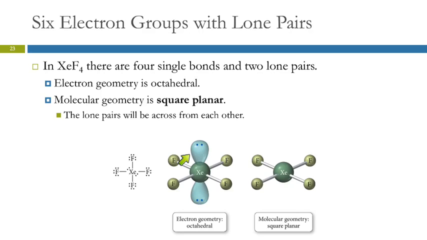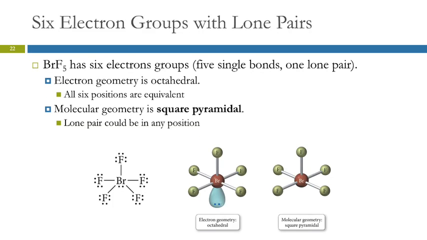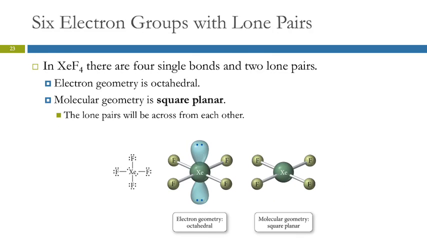We don't want a lone pair at 90-degree angles to another lone pair when we don't have to. So this is square planar, a flat square. This one was a square pyramid, a square at the base, but it goes up to a point. Square planar.